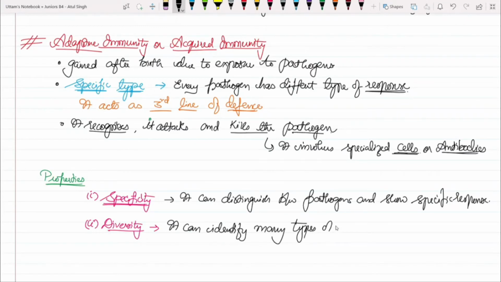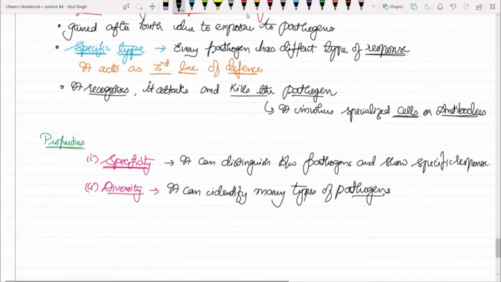It can identify bacteria, virus, fungi, or protozoan, or a helminth. Different types could be recognized. And within the same group also, for example in bacteria, different types of bacteria will be recognized in a different way.